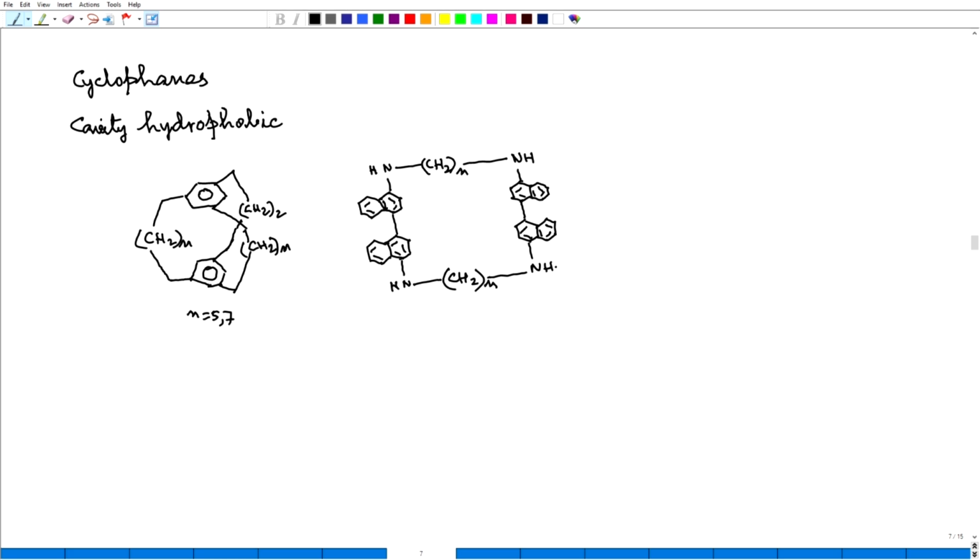So, these are typical cyclophanes, and as you can see, the cavity is hydrophobic.